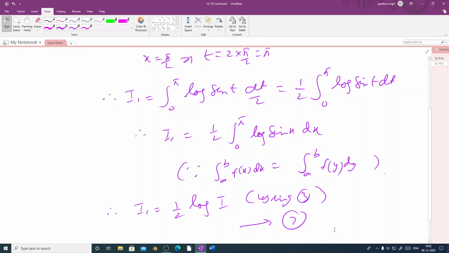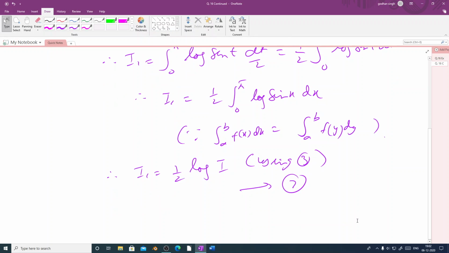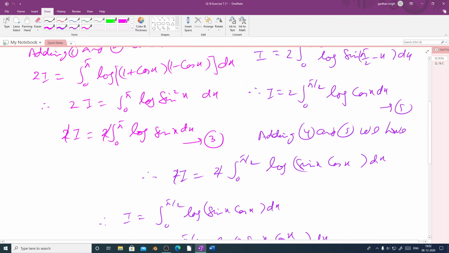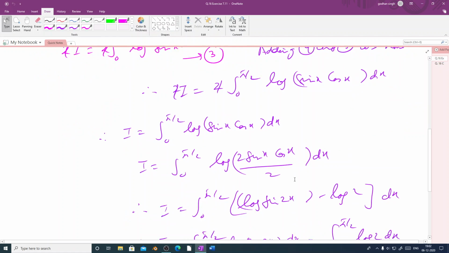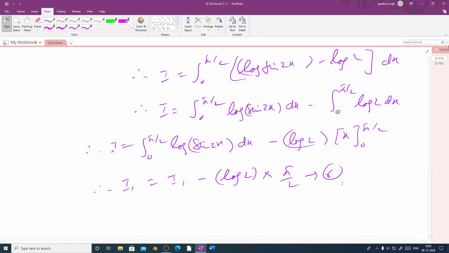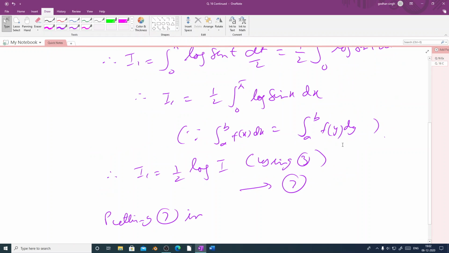So we'll be putting 7 in 6. On the previous page we'll put in 6. So putting 7 in 6, we have, so let us do this portion there only.